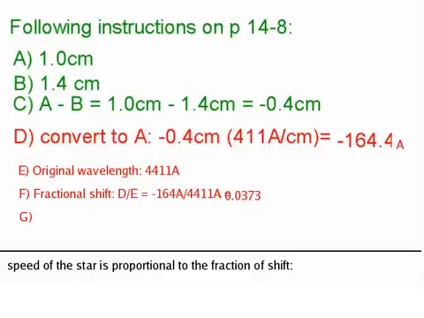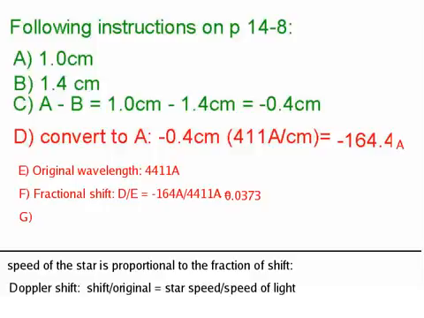If you look at the Doppler formula, the Doppler shift is basically the shift over the original wavelength, which is equal to the speed of the star over the speed of light.